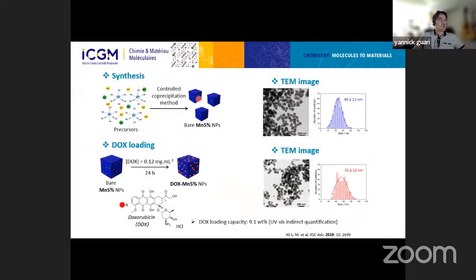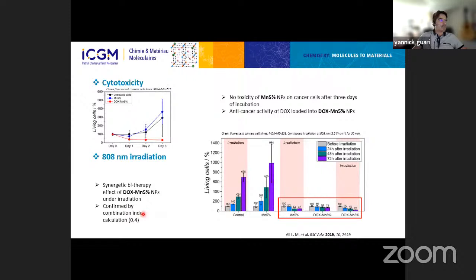As we've seen that Prussian blue has a porosity, we can use it to load doxorubicin, which is an anti-cancer drug. And here you have the eradication of the cells only using irradiation without doxorubicin, here only with doxorubicin without irradiation, and here with both irradiation and doxorubicin.